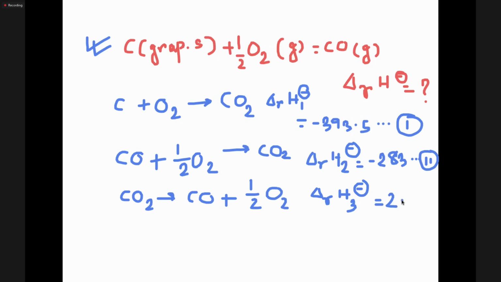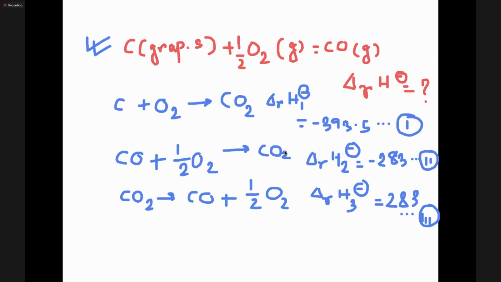So we have ΔrH value as plus 283. We will name this equation as equation 3. So now let's have a look at equation 1 and equation 3. On equation 1, we have on the RHS CO2. On the third equation, we have CO2 on the LHS. So these two will be cancelled out.